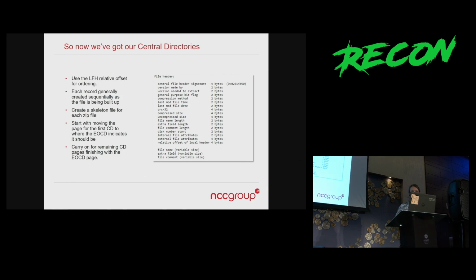So now we've got our central directories listed into two different piles. The next step, because that's not good enough to start reconstructing the central directory completely, is that a lot of them are broken, as you remember from before, across the page boundaries. We need to reorder them.